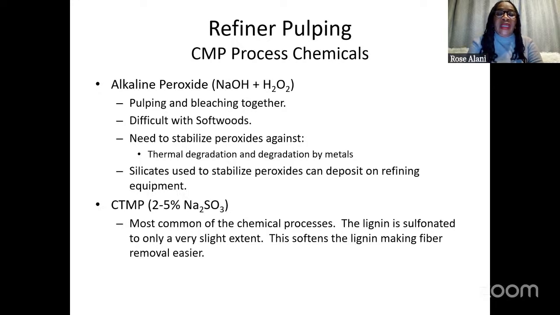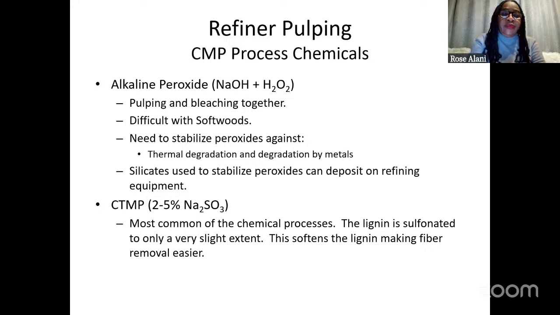It needs to stabilize peroxide against thermal degradation and also against degradation by metals. You will see when we get to that particular process. So silicates are also used to stabilize the peroxide. They can be deposited on the refining equipment for stabilizing the peroxide. I'm talking of the silicates.